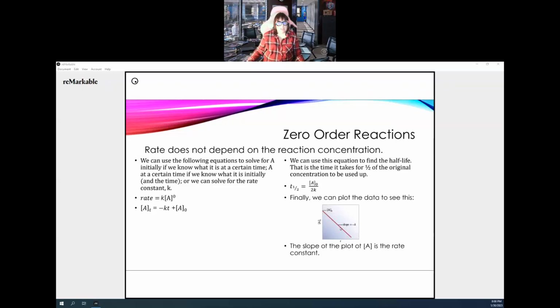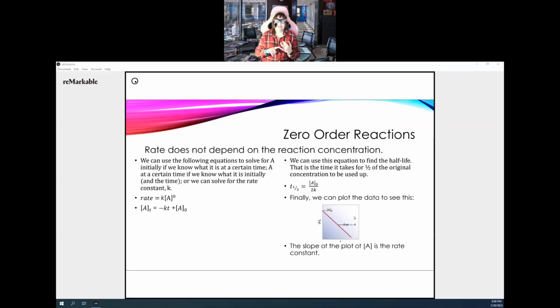If we plot this, the concentration of A versus t is linear, because that rate has nothing to do with the concentration, so it goes down at a constant rate. The slope of that line is negative k, and the intercept is the initial concentration, A0. That's how that works.